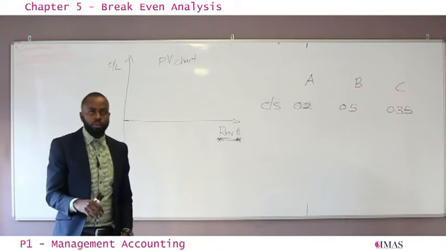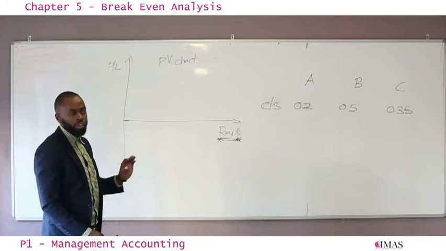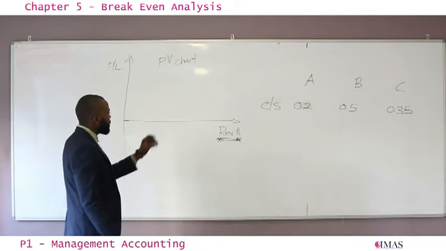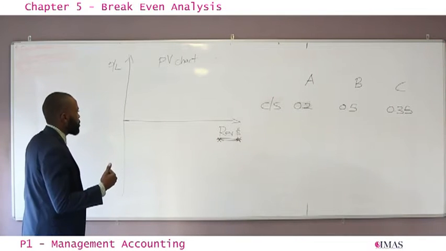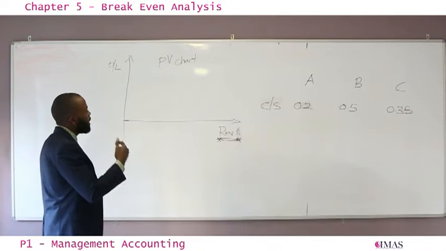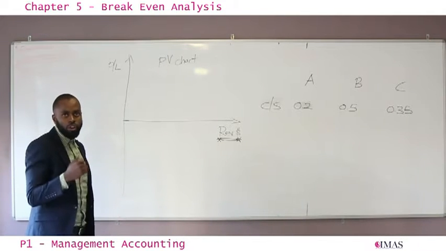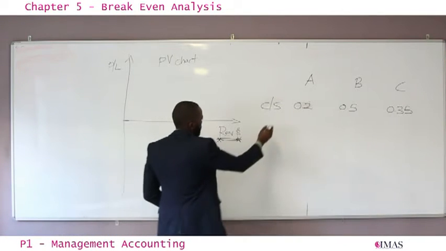So for decision making, what the company needs to do is, first, look at the contribution to sales ratio of their products. Here we have A, B, and C, just as an example. Let's say A has a contribution to sales ratio of 0.2, B has a contribution to sales ratio of 0.5, and C has a contribution to sales ratio of 0.35. We have to make another assumption.